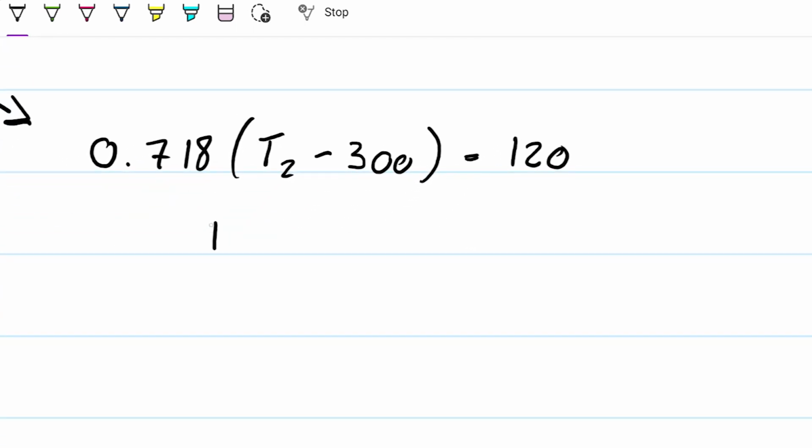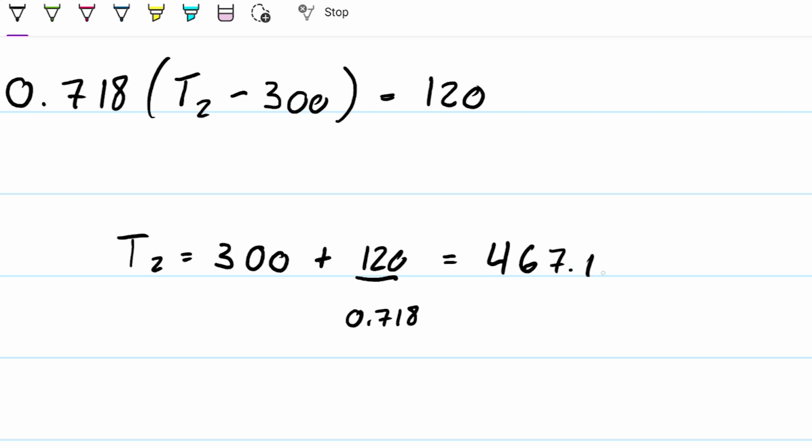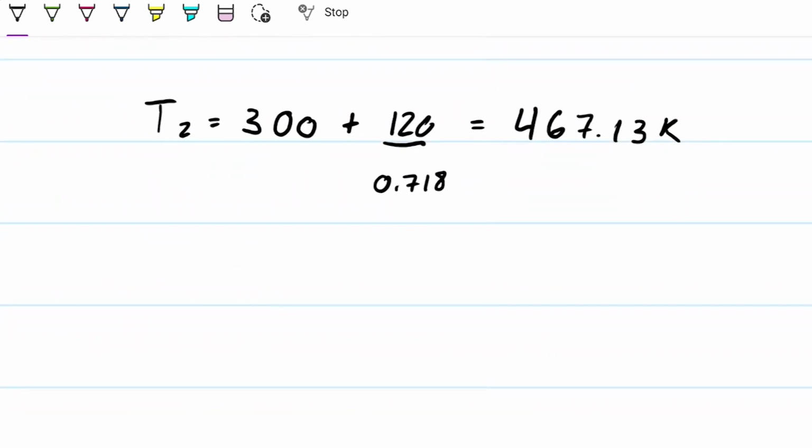So this means that T2 will be 300 plus the 120 divided by the 0.718. Okay, and this happens to be 467.13 Kelvin.